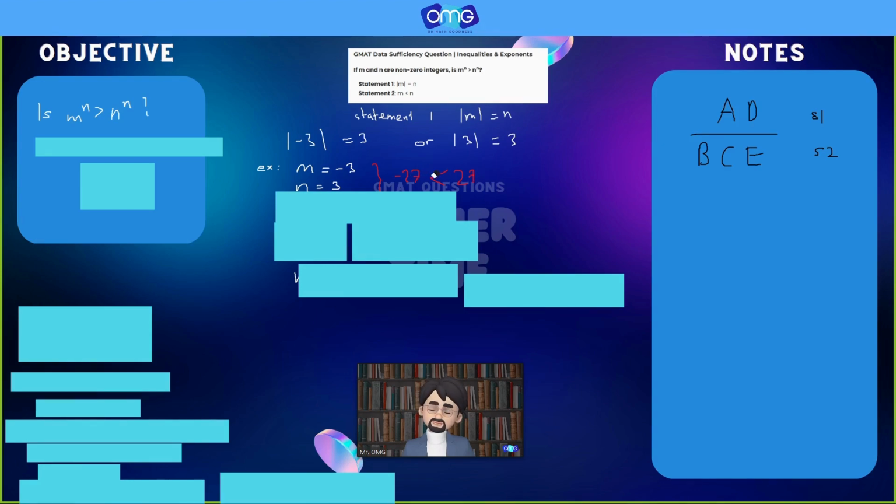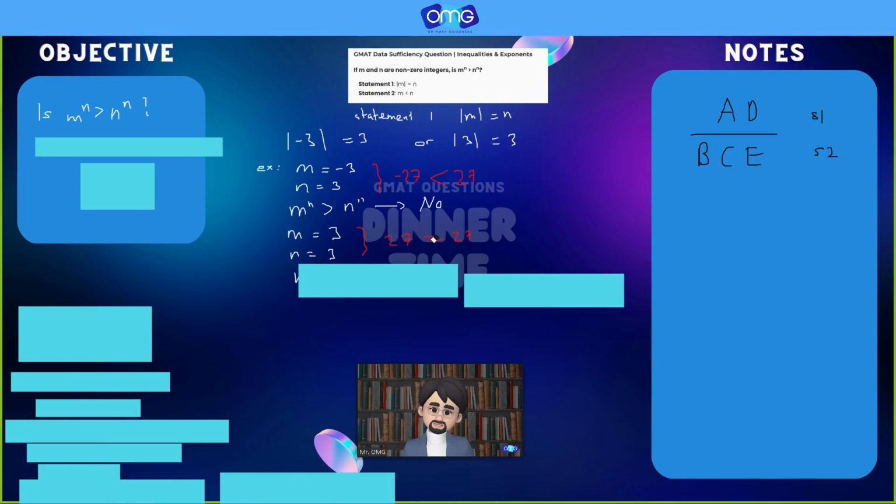So is m to the power of n greater than n to the power of n? The answer is no, because it's supposed to be less than, not greater than. In the second scenario, m equals 3, n equals 3, and that gives 27 equals 27. Is it greater than?